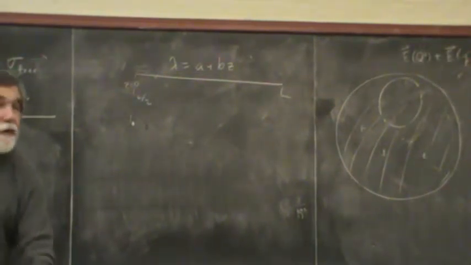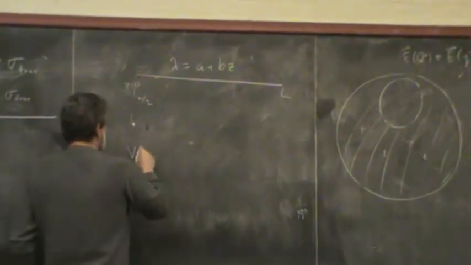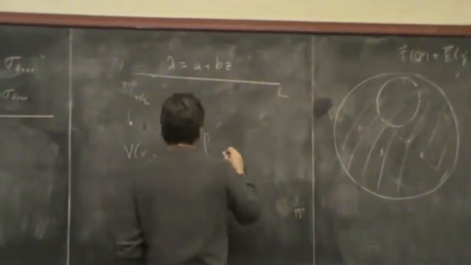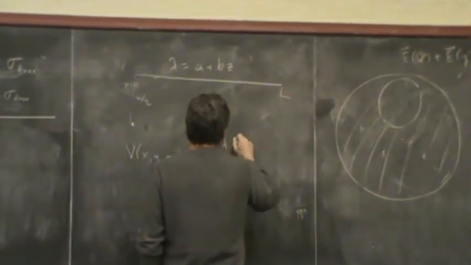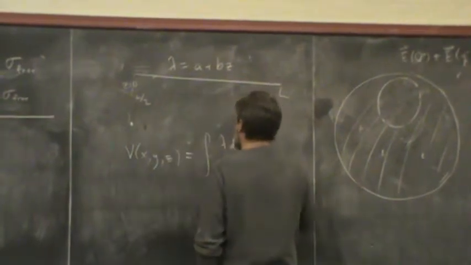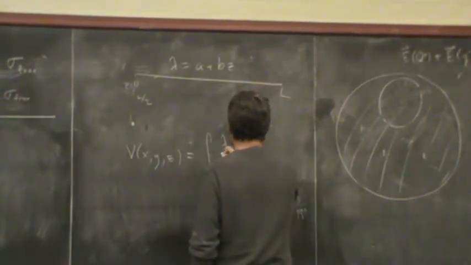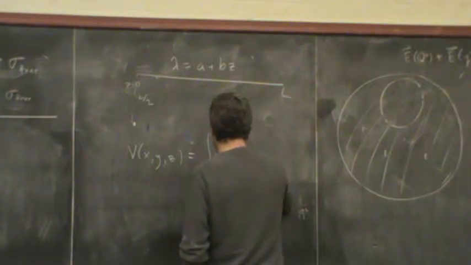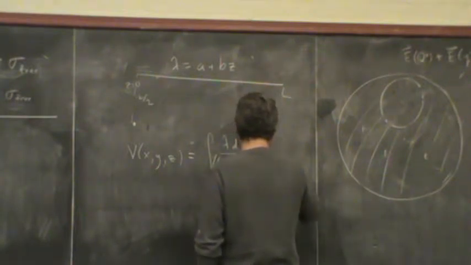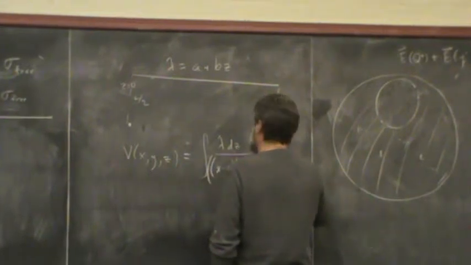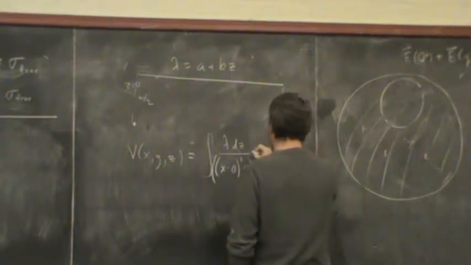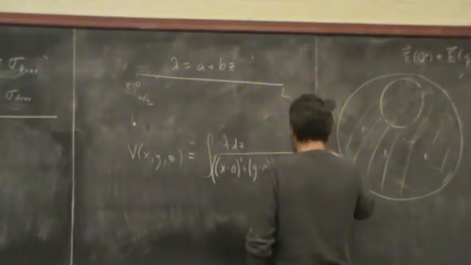No, I'm glad you asked. Here's how I would solve this problem. V of x, y, z is equal to the integral of lambda dz prime over the square root of x minus 0 squared plus y minus 0 squared plus 0 minus z prime squared, to the 1/2.